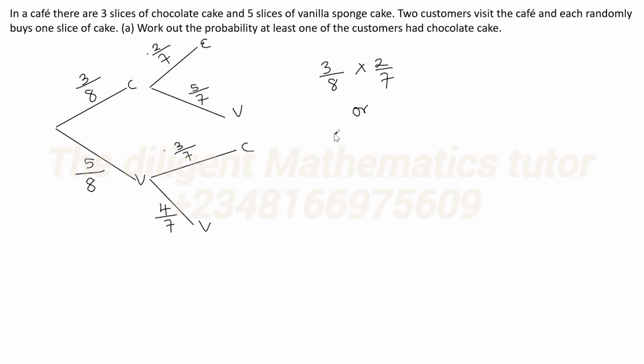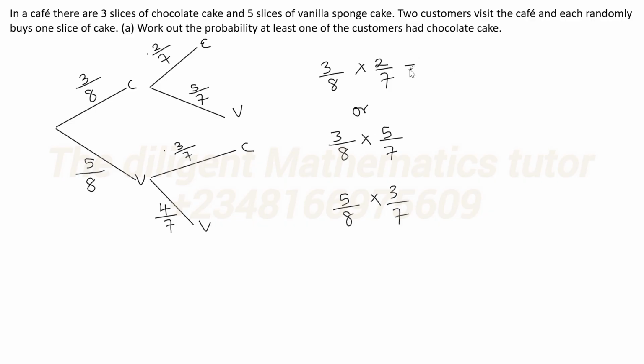So we have 3 over 8 times 5 over 7. Vanilla, chocolate, yes, we still have another one. 5 over 8 times 3 over 7. Vanilla, vanilla, no, there's no chocolate here.